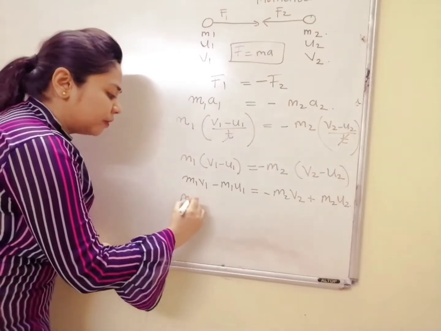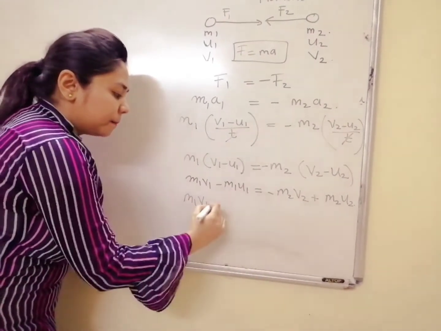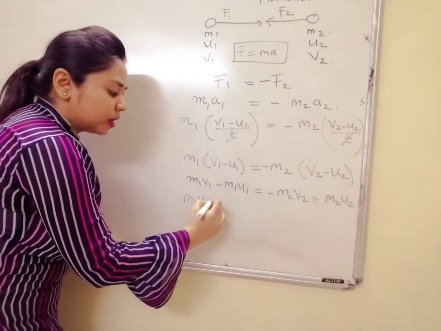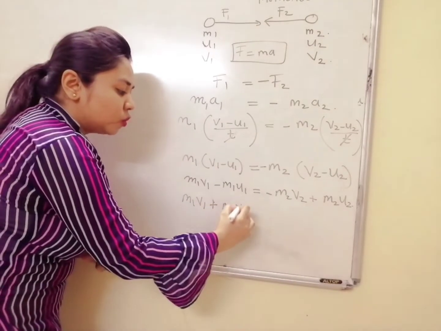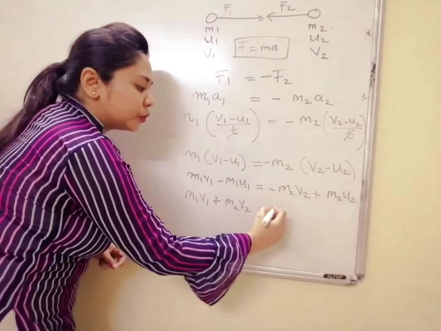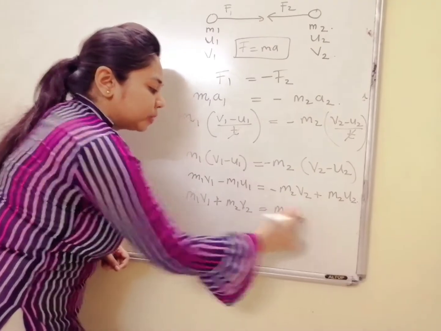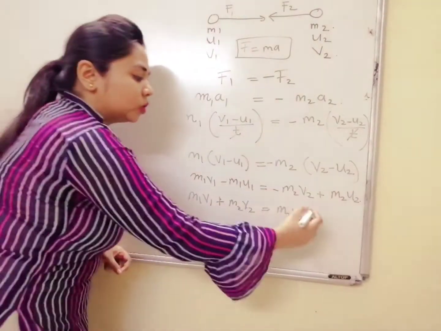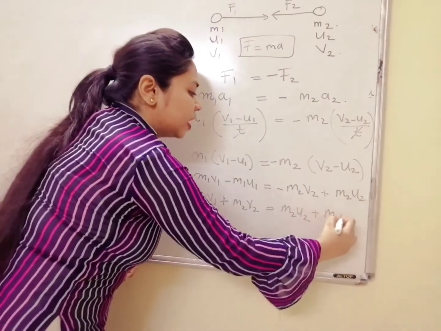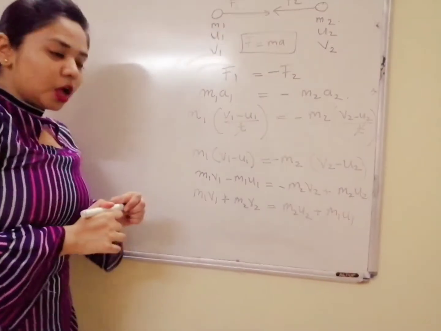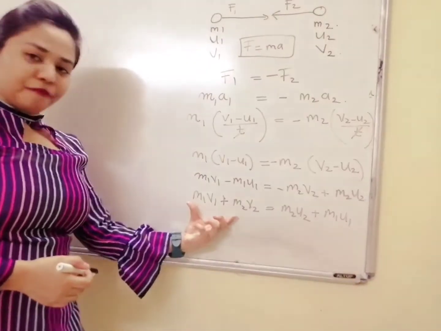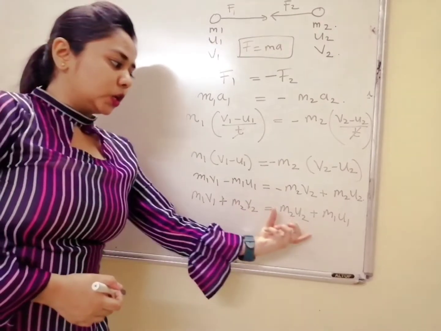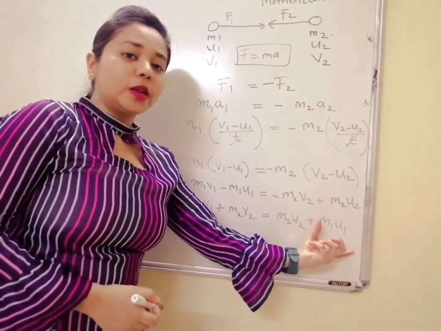So M1 V1, this is minus, so it will become plus M2 V2 is equals to M2 U2 is there, so it will remain there only. This minus M1 U1 will go there, it will become plus M1 U1. Okay, so what it comes out to be? M1 V1 plus M2 V2 is equals to M2 U2 plus M1 U1.